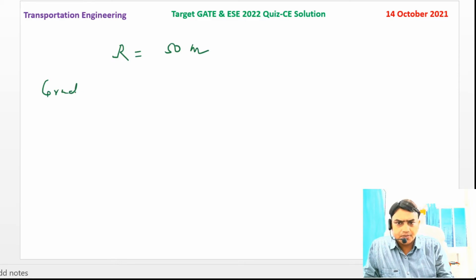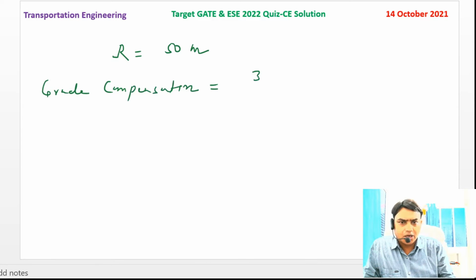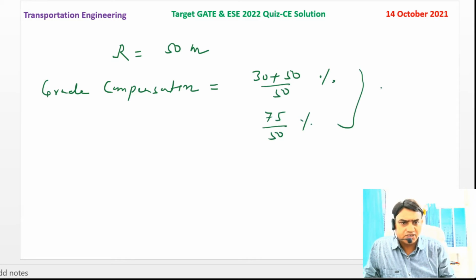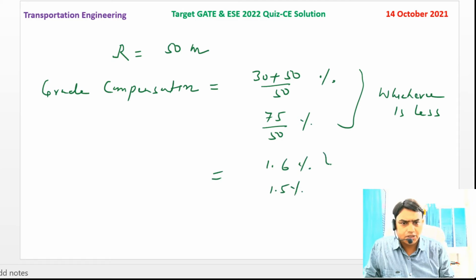So grade compensation can be computed as (30 + 50)/50 %, and the maximum of 75/50 %, whichever is less. The value (30 + 50)/50 is coming 1.6%, and the other value is 1.5%, and we take the minimum value.